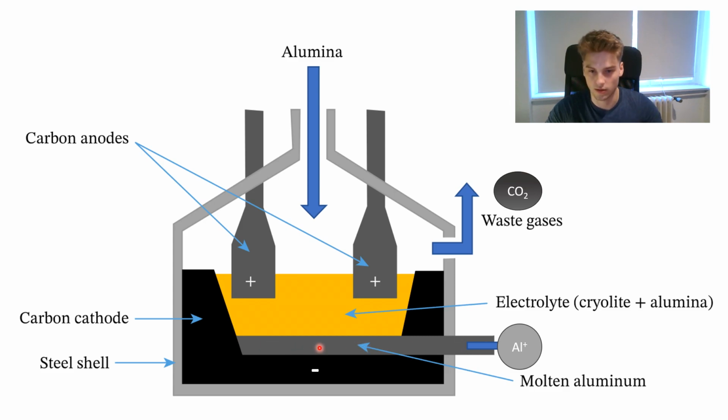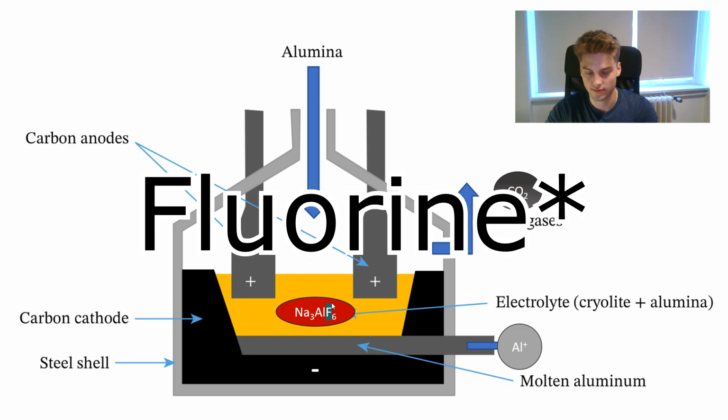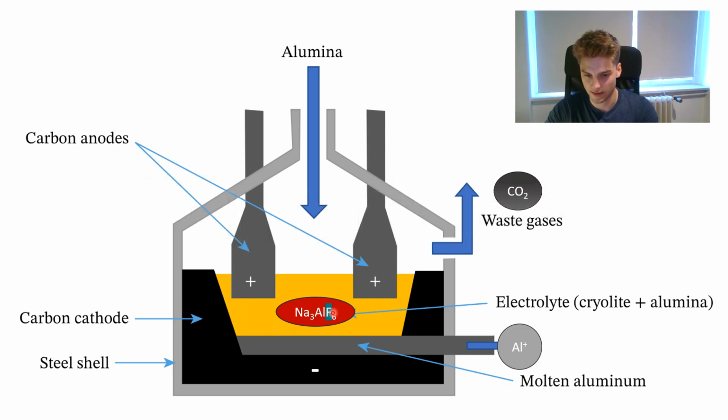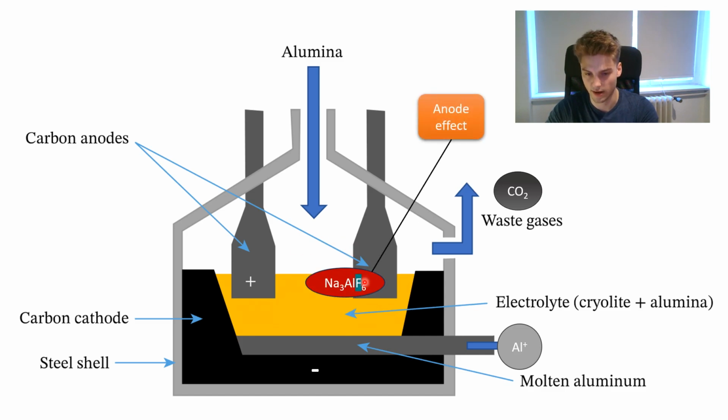So we have CO2 as waste gas, but there's more, because the electrolyte, which is like this, is cryolite, and it has the chemical formula shown here. The important thing is that there's fluor inside, and this can also react with the carbon from the carbon anodes, during a so-called anode effect, and so-called PFCs are formed.